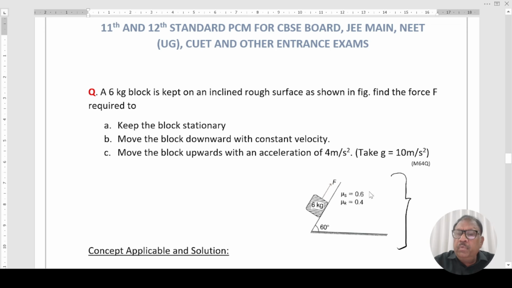Mu s is given as 0.6 and mu k is given as 0.4. To keep the block stationary, we will use mu s. To move the block downward, motion is there, so we will use mu k.